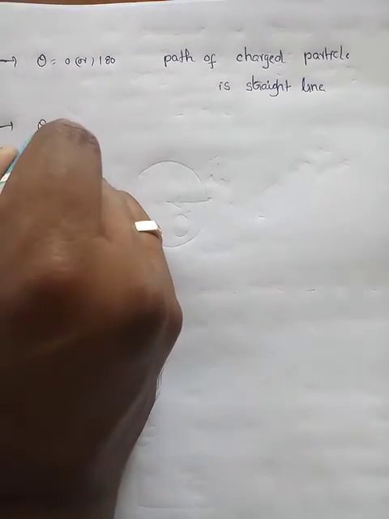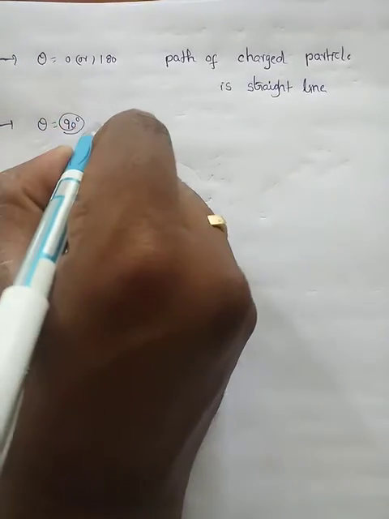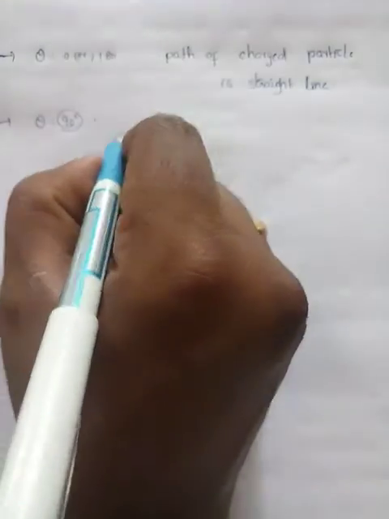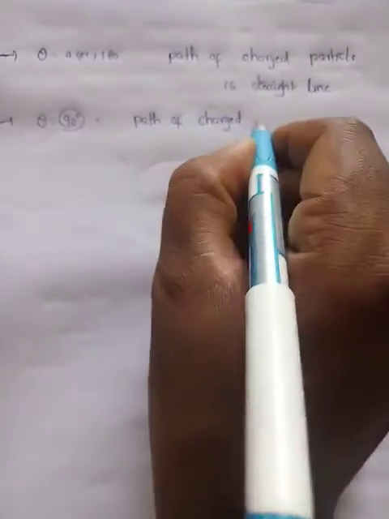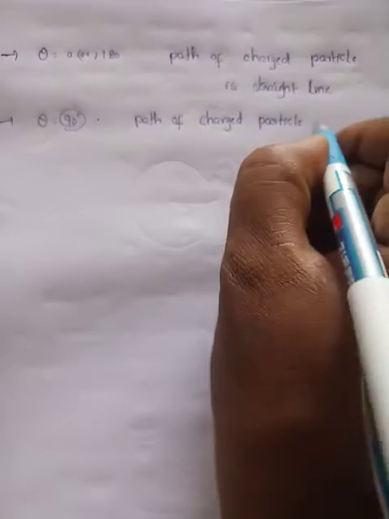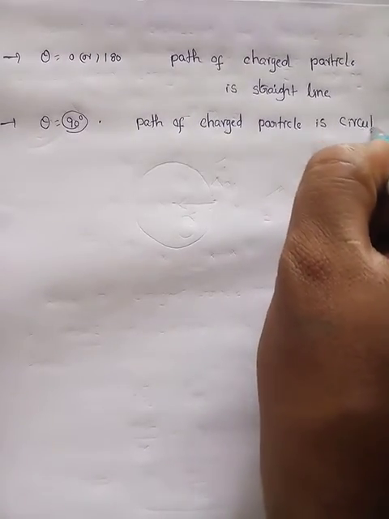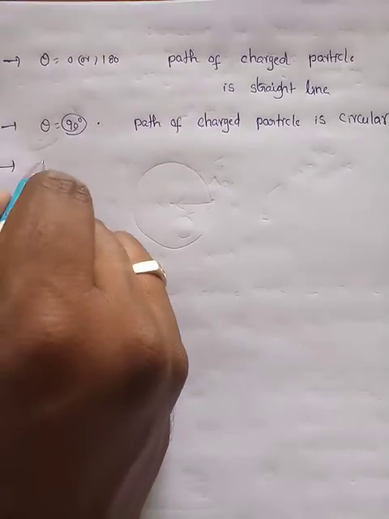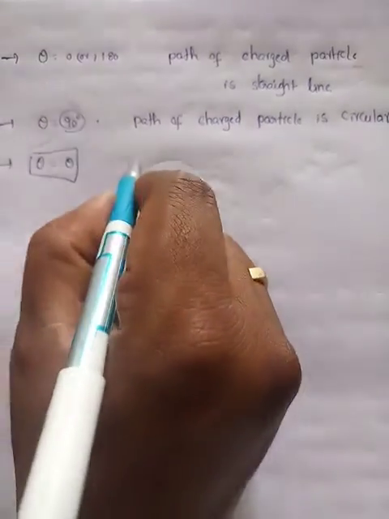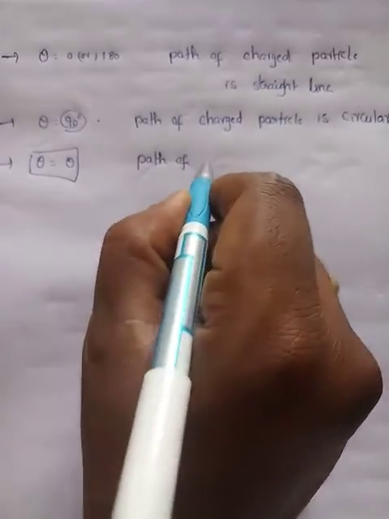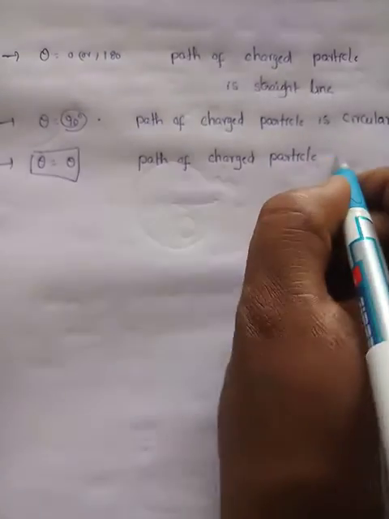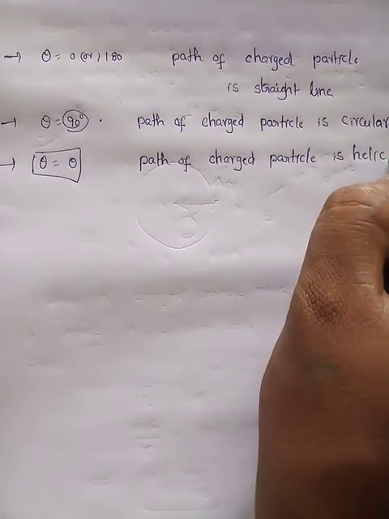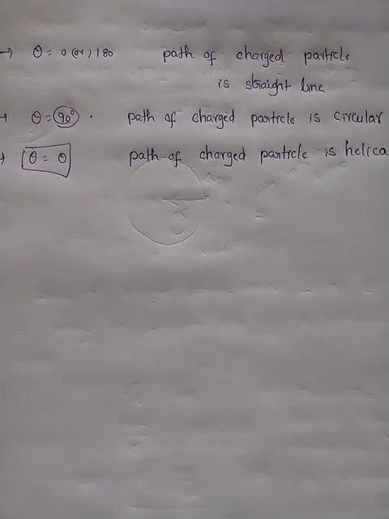Straight line. If the charged particle is moving perpendicular, the path of the charged particle is circular. Last case, when theta is at an angle, the path of the charged particle is helical, that is called helix. Very important for 1 mark.